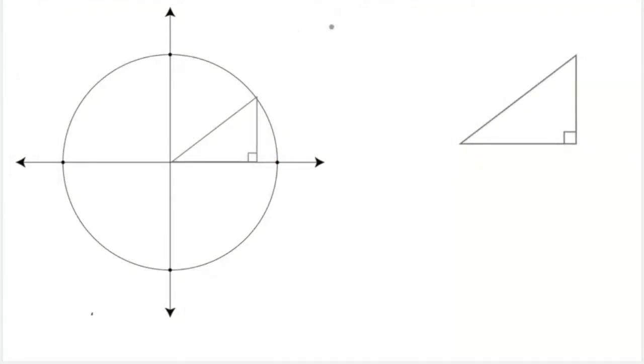You remember SOHCAHTOA? All right, so again, we have a radius of 1 here. That's our theta. Now, we have x here, y here. Let's play around with SOHCAHTOA. Theta, 1, x, and y.